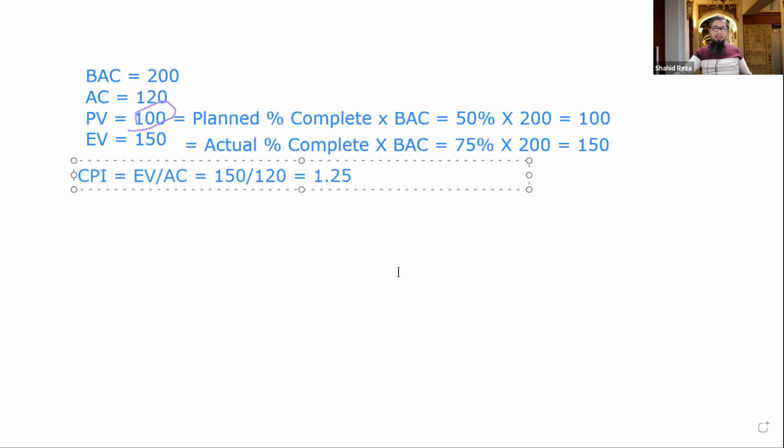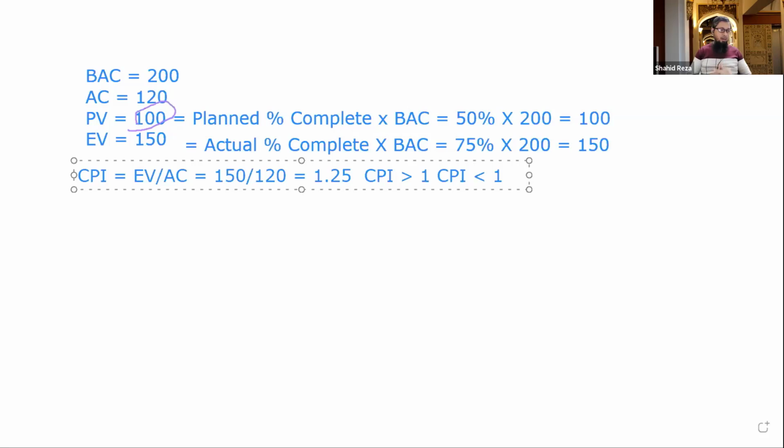If CPI is greater than 1, we are doing great in terms of project budget, cost, or expense. If CPI is less than 1, then what will happen?